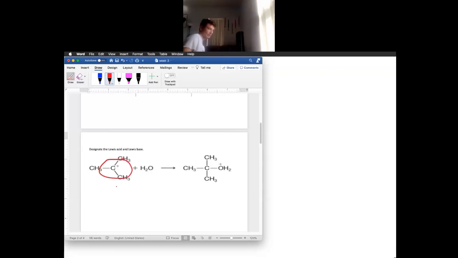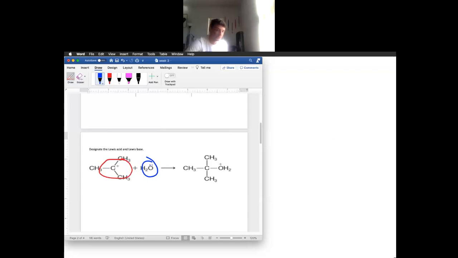Why? It's because we can just look at cardio. Things with a positive charge lack electrons, and if it lacks electrons, it wants them. And we know that acids are species that accept electrons, and so that is why that carbon will act as your acid. And thus, the water molecule will be your base.